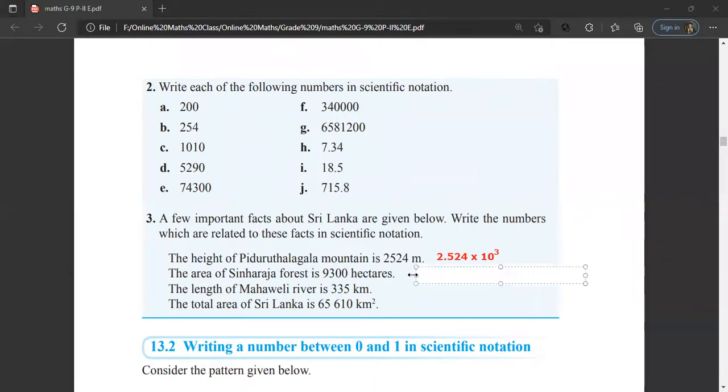Next, 9.3 into 10 to the power 3, right? Right.